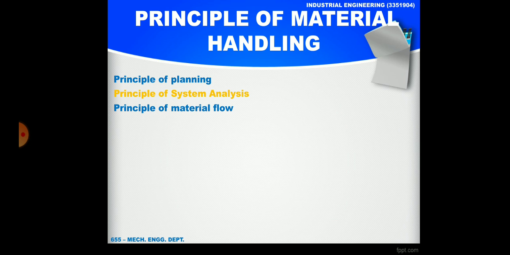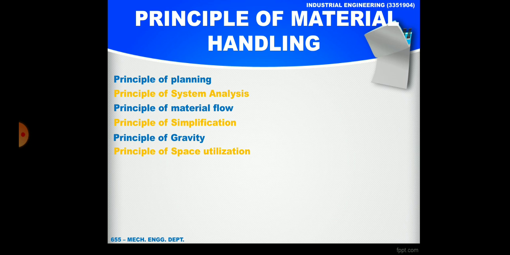Material handling is necessary for material flow. Principle of simplification. With the above data, we can simplify the whole process. Principle of gravity. Use of gravity for the material handling process when it is required or whenever it is easy.